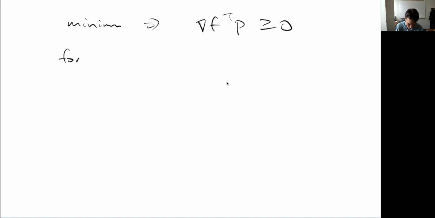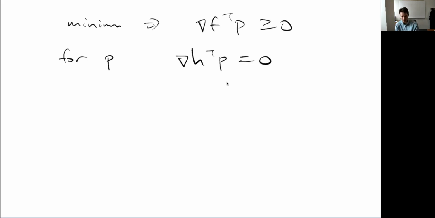Okay, so let's now put these things together. We said that for a descent direction, well, to be a minimum, we required that this was true, that any step would have to increase the function. Any step, but now we're adding the condition that the only P's that we can take that are going to be feasible are ones that also satisfy this condition.